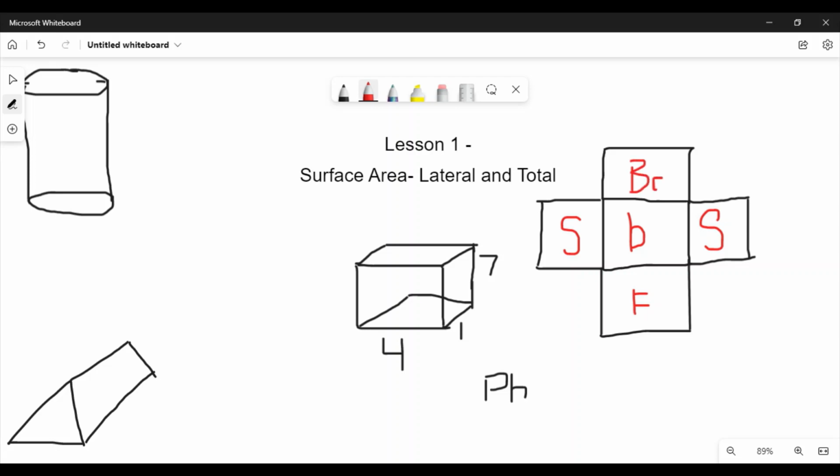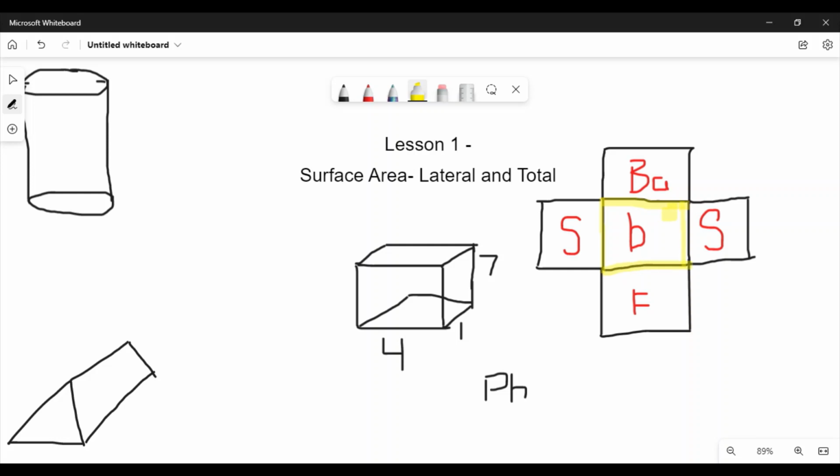This is also the top and the bottom. This part here, the one with the yellow, that's the top and the bottom. I just didn't draw a top because there's no way to really draw that out well. But the most important thing right now is the base, which is this.